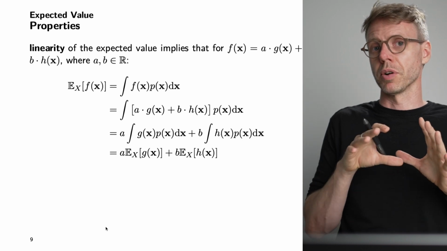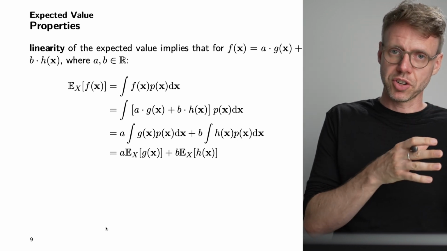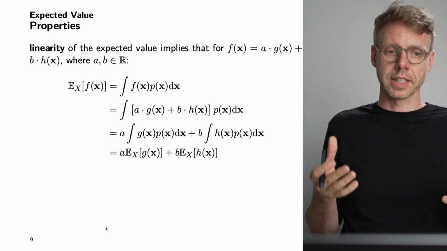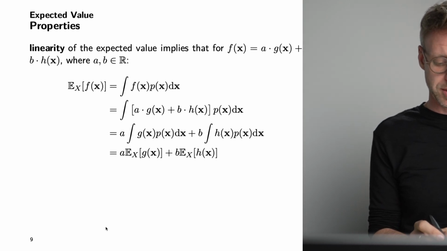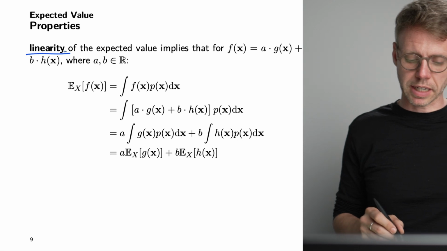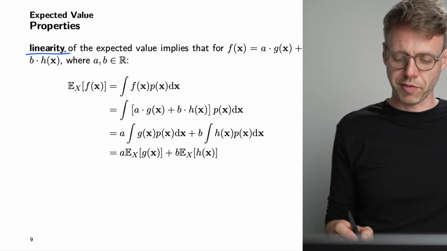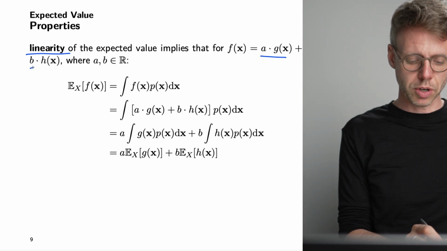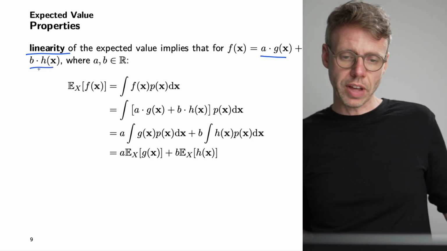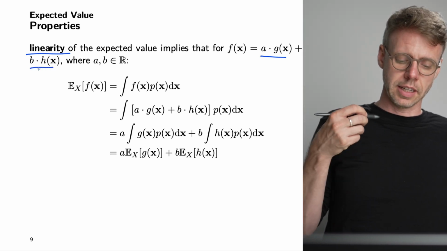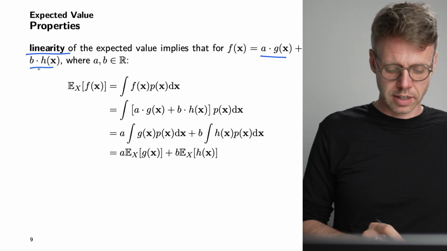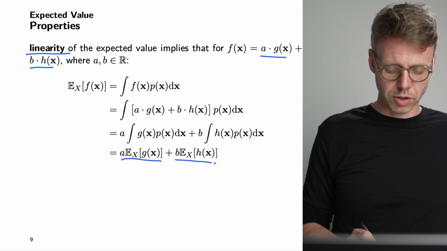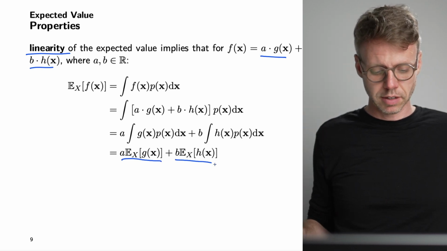What else can we say about expectations of functions of a random variable? For example, because linearity of the expected value holds, if we take the weighted average of two functions of x, the expected value of that will be the weighted average of the two corresponding expected values.